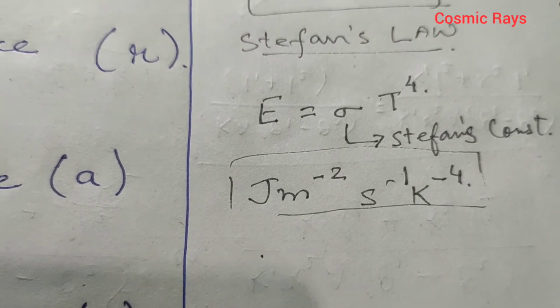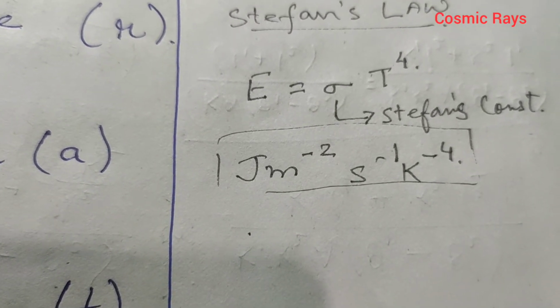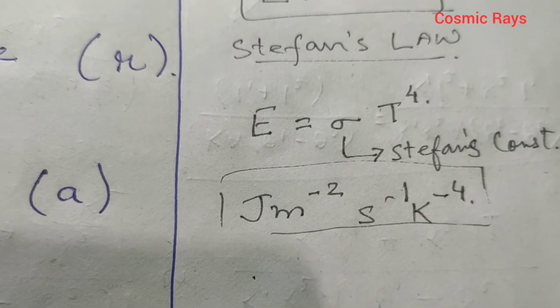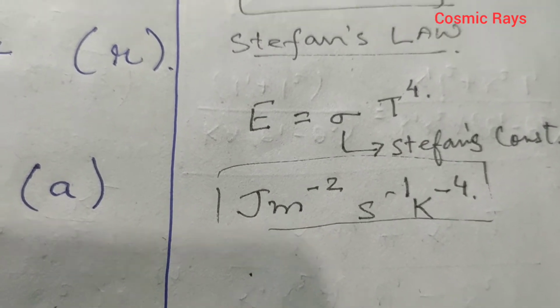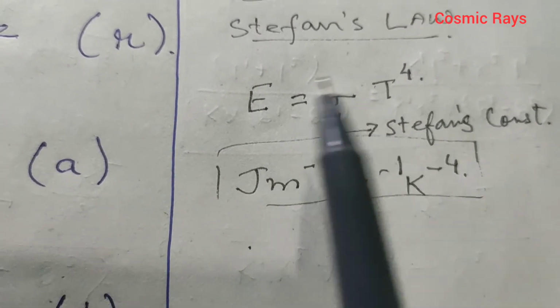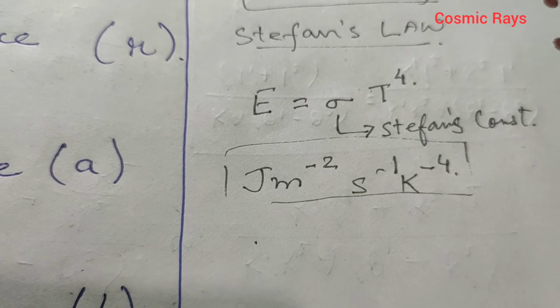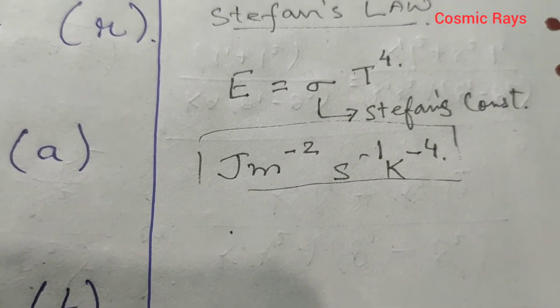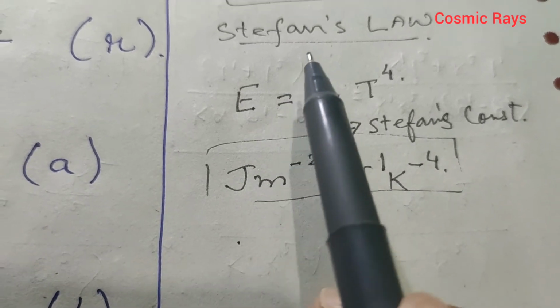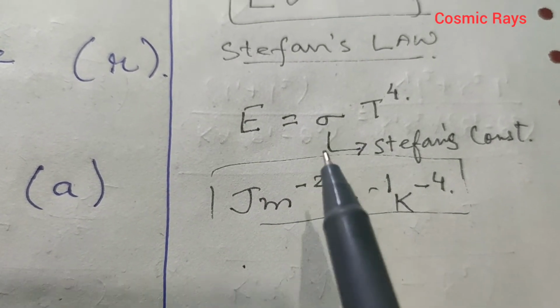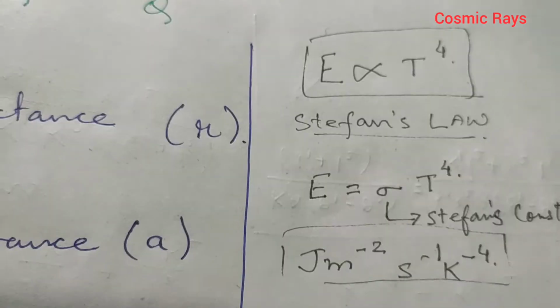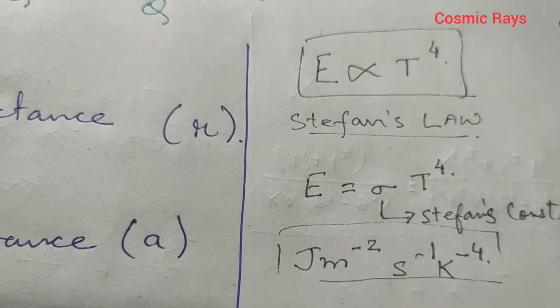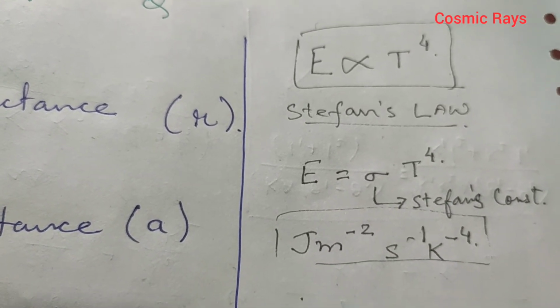Now in 1884, Boltzmann gave a theoretical proof, and he proved that Stefan's law is applicable only to a perfectly black body, and hence afterwards this law, which was initially known as Stefan's law, started to be known as the Stefan-Boltzmann law.